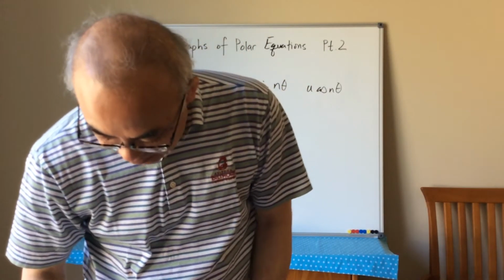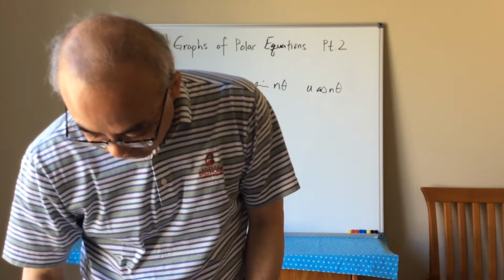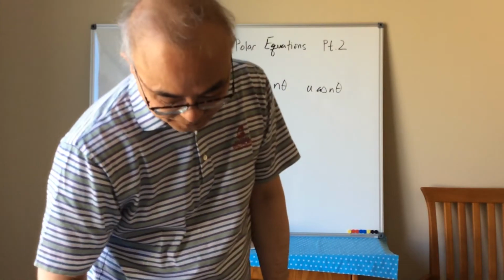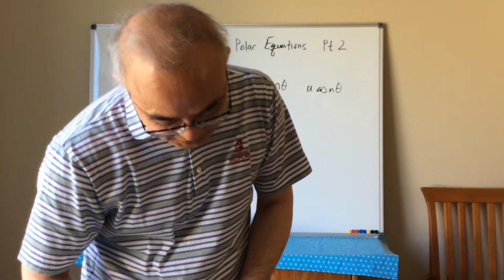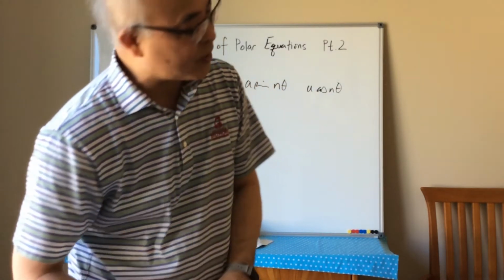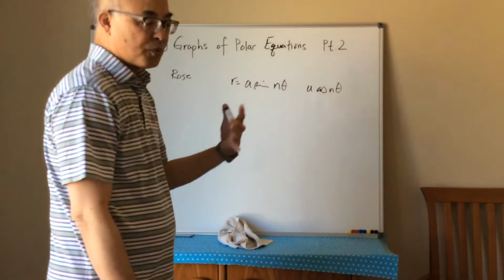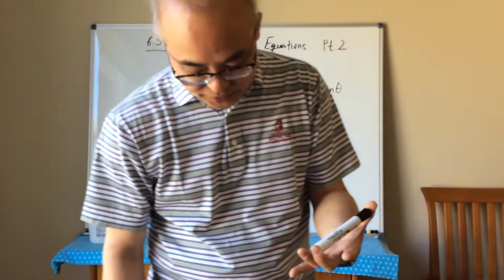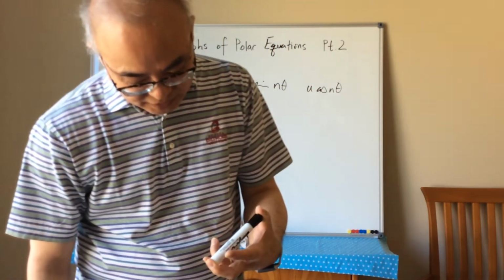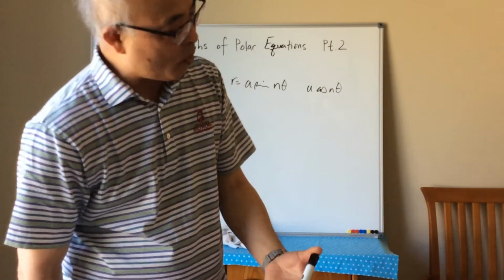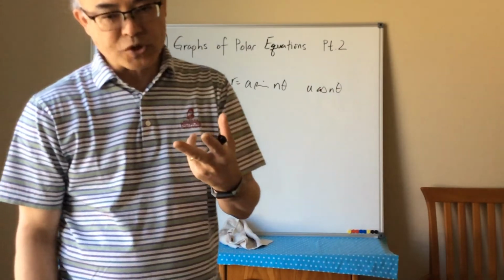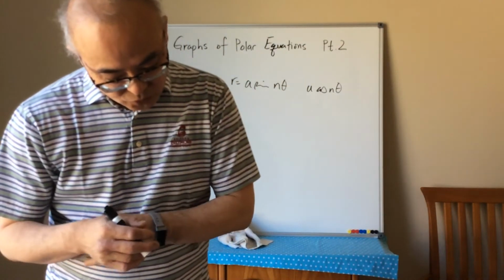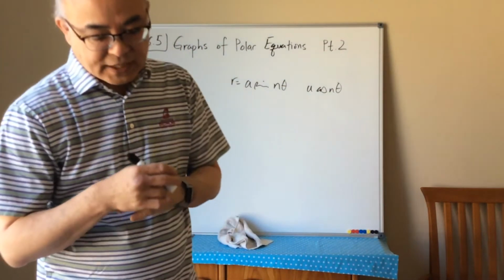Back in example 1, we did 4 sine 3 theta, and in example number 3, we did cosine 2 theta. When it said sine 3 theta, there were 3 rose petals. But if you did the 2 theta, there were 4. If you do the 5, you'll find there are 5 rose petals, and when you do the 4, you'll find that there are 8.